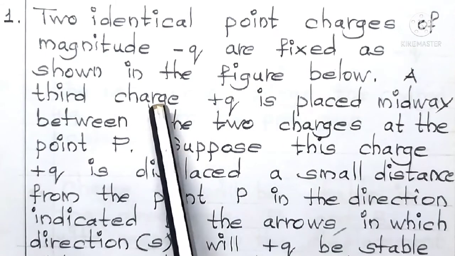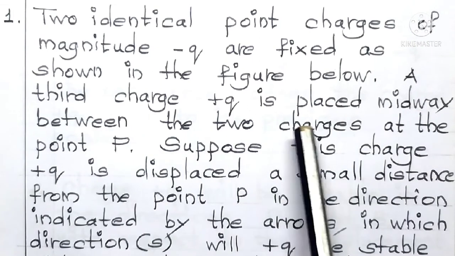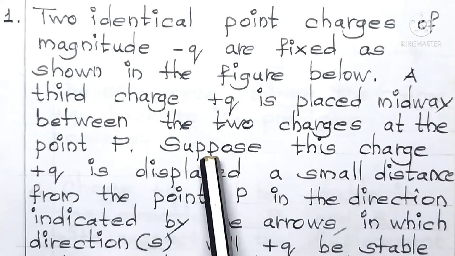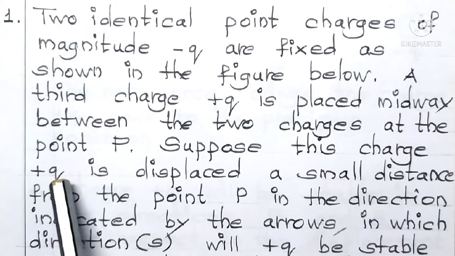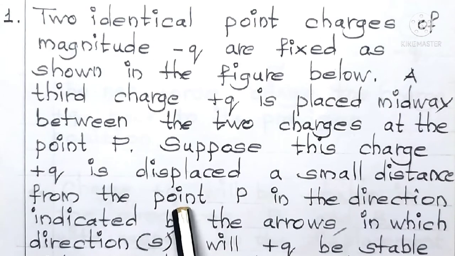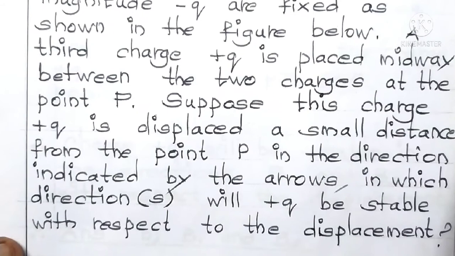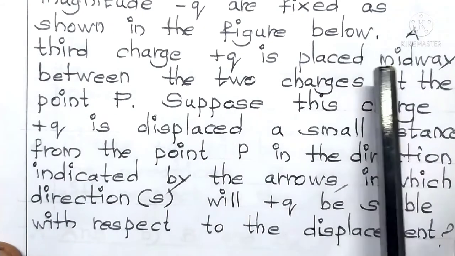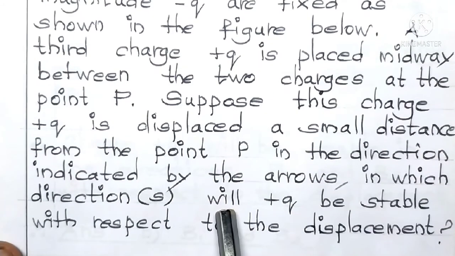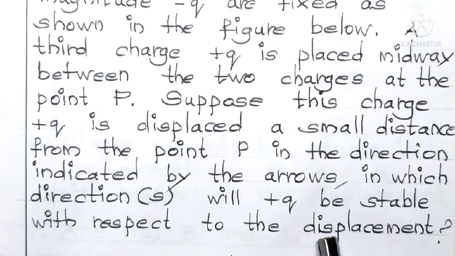A third charge plus q is placed midway between the two charges at the point P. Suppose this charge plus q is displaced a small distance from the point P in the direction indicated by the arrows. In which direction or directions will plus q be stable with respect to the displacement?